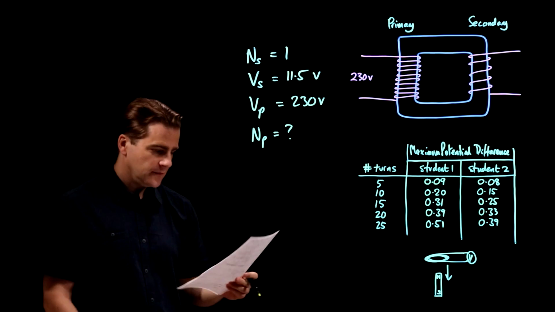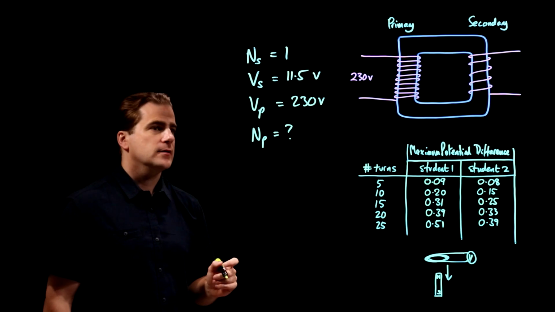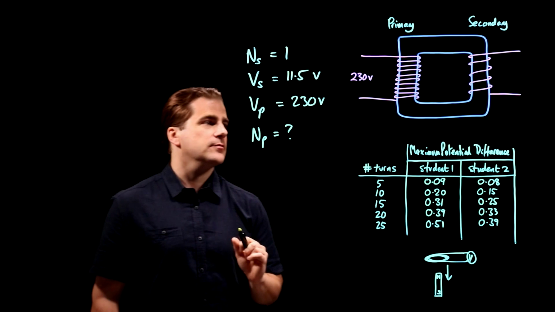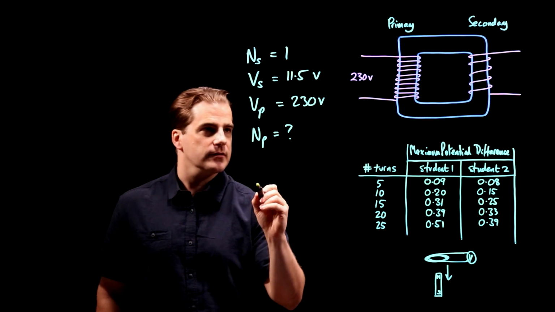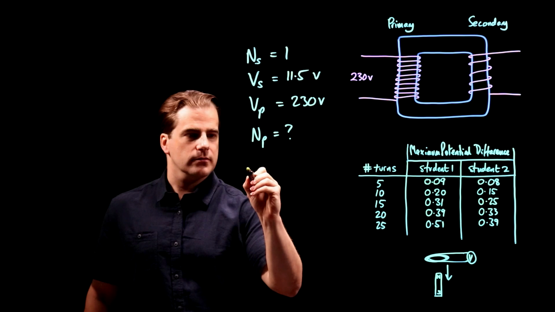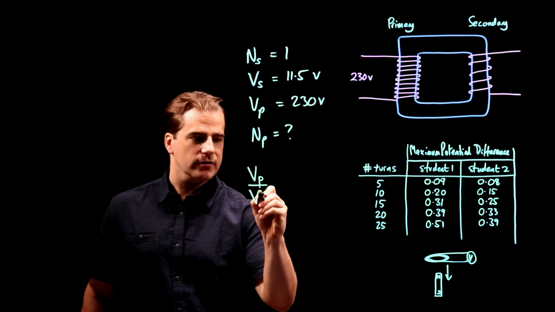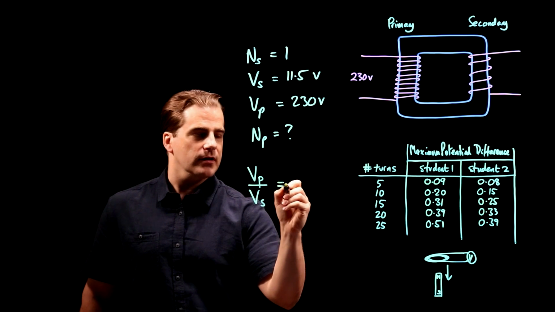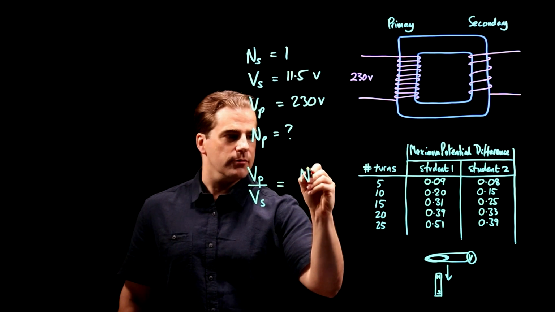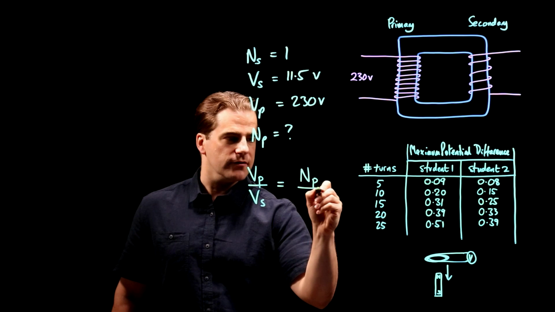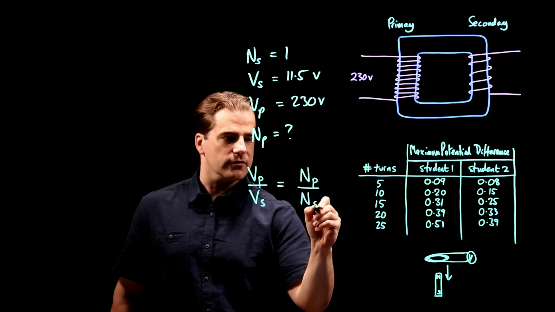Okay? So, the equation we're going to use is the voltage on the primary coil divided by the voltage on the secondary coil is equal to the number of turns on the primary coil divided by number of turns on the secondary coil.